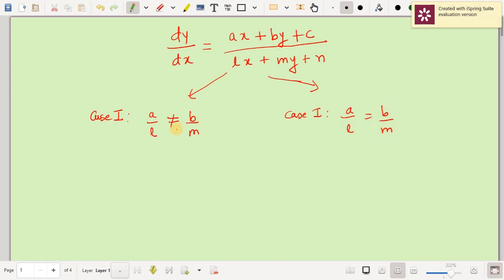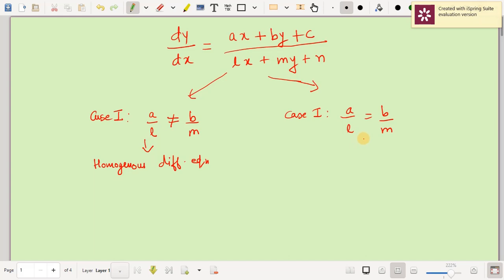In this case, what is actually happening is that you first convert the given differential equation into a homogeneous differential equation of first order, and so we can solve this by the method prescribed for this kind of differential equation.